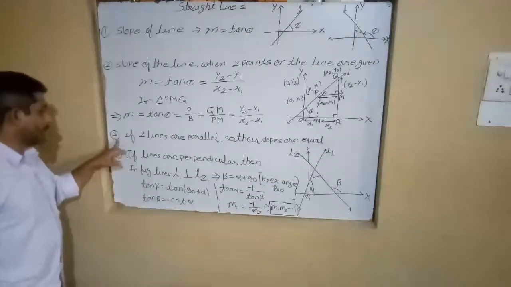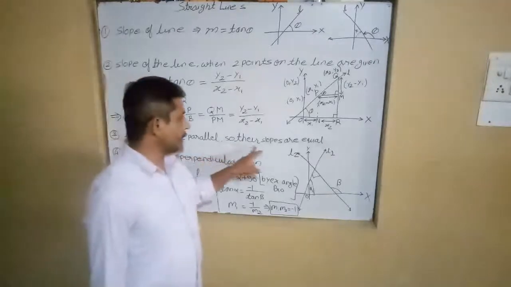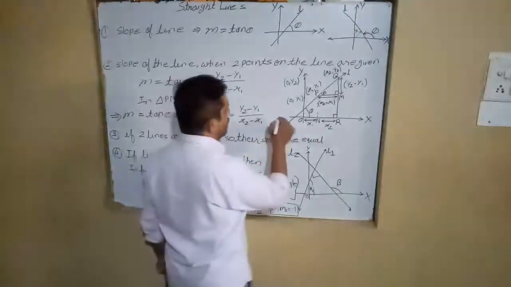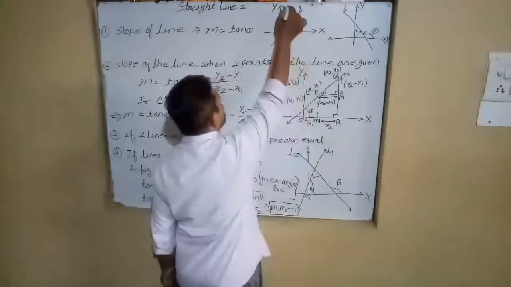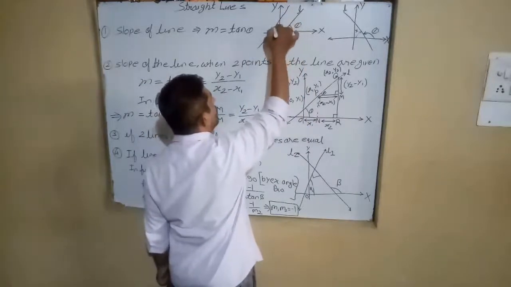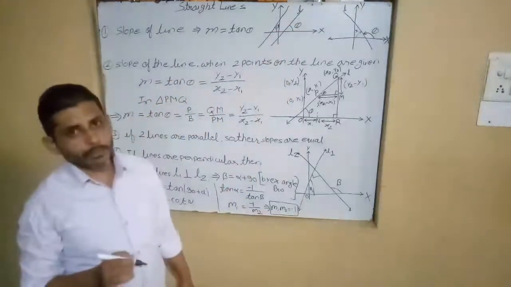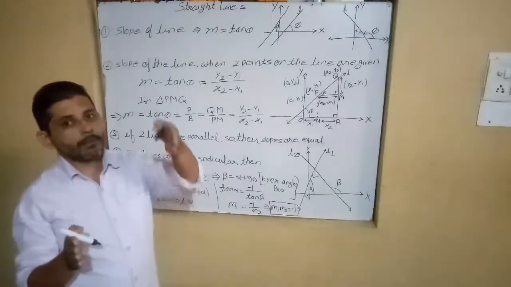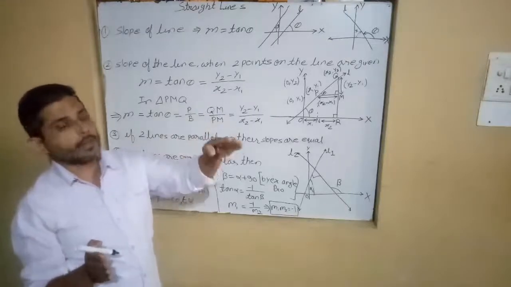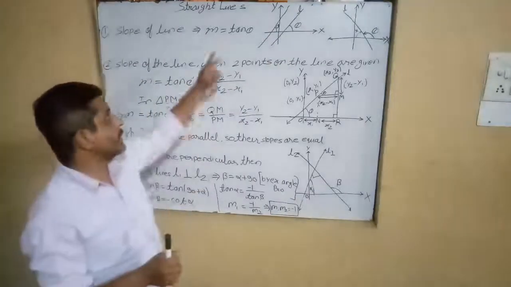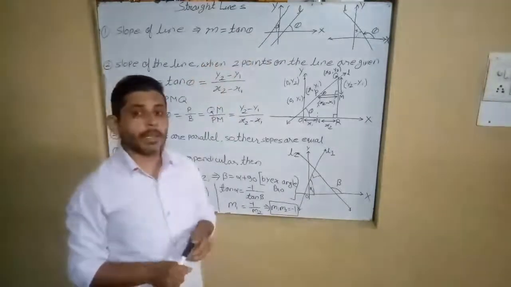Now the third rule: if 2 lines are parallel, their slopes are equal. Suppose we draw another line here also. Both lines are parallel, so this angle is also theta. When they are parallel, they are inclined equally to the x-axis, so the value of the angle will be equal, and when we take tan of the same angle, it gives the same value, tan theta is the same.